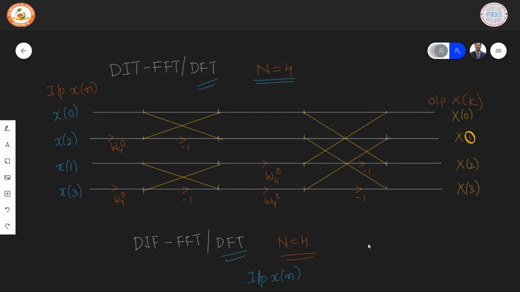So these are the important differences and changes we should remember while we are solving problems based on n is equal to 4.